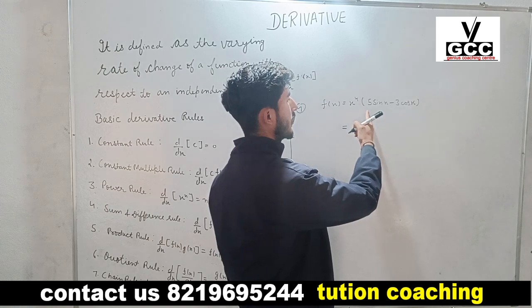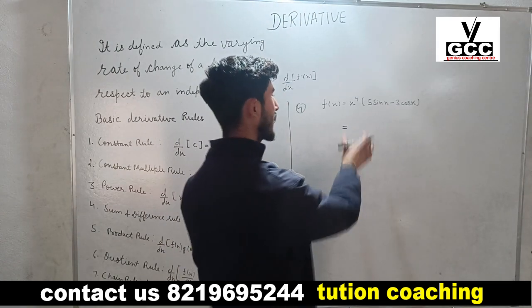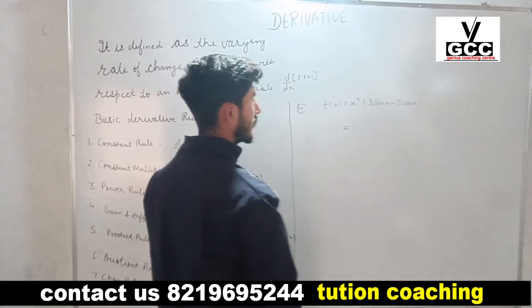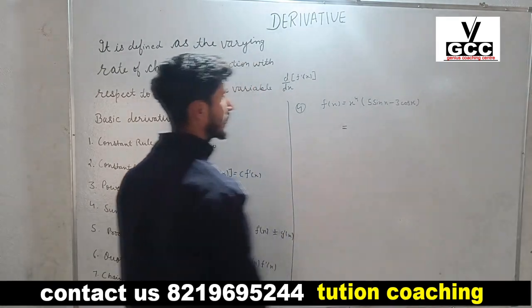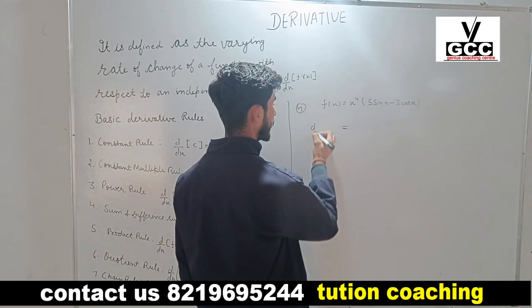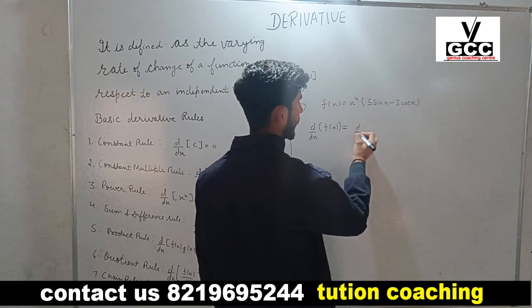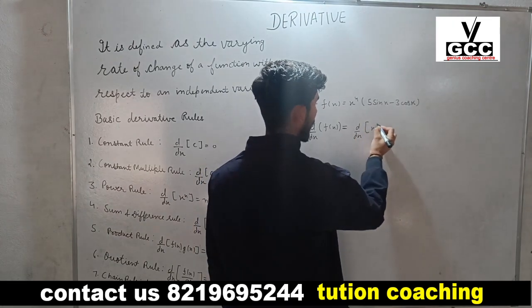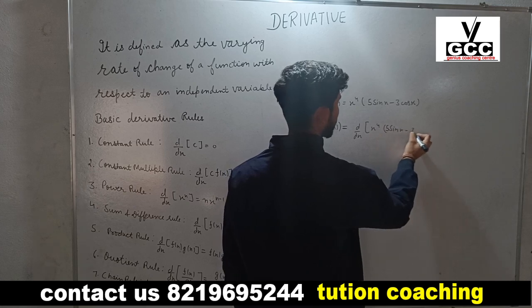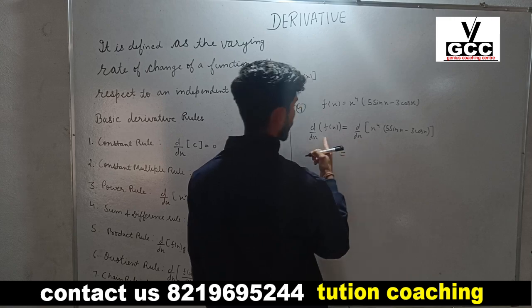Now let us consider another example. f(x) equal to x to the power 4 into (5 sin x minus 3 cos x). Firstly, we check which rule is applied here. The product rule is applied here. So we have to find the derivative of f(x), dy/dx of x to the power 4 (5 sin x minus 3 cos x).